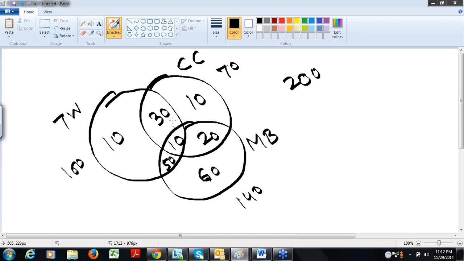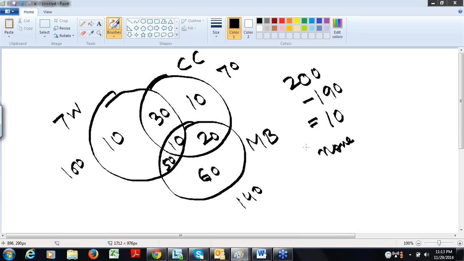If you add all of them, how much will you get? 60 plus 20, 80, plus 90 plus 50, 140, and 50, 190. So 200 is the total, and 190 is A union B union C. So it will come out to be 10. So 10 candidates had none of the three.